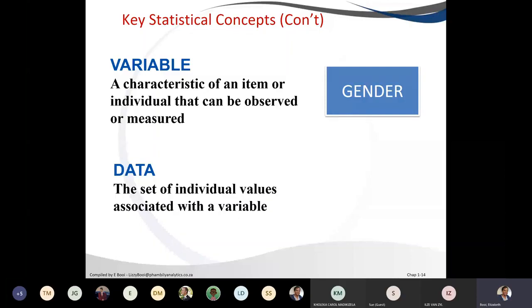Remember, gender will just be your variable, and the value that goes with the variable will be either a male or a female or something like that. And that is what data is about. For example, with the color of a pen, whether it's black, green, red, those are what we call data. And that's the thing that we summarize. We use data to summarize the information.